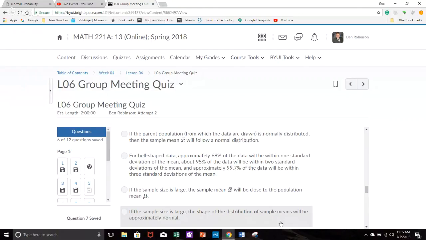If the sample size is large, the sample mean will be close to the population mean. If the sample size is large, the shape of the distribution of sample means will be approximately normal. Okay, I think the fourth one, right? Yeah, I agree.